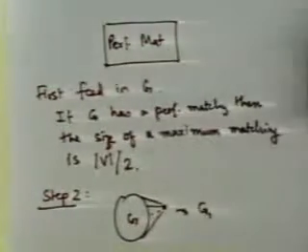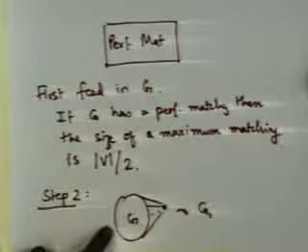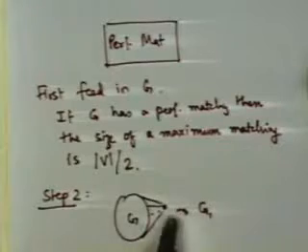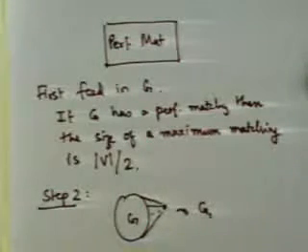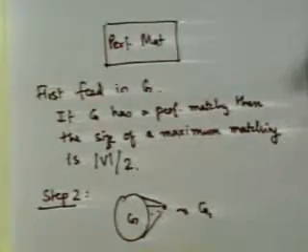Now you feed G1 into this algorithm for perfect matching. You've taken G, you've added a vertex which is adjacent to every other vertex in G, and now you feed this into the perfect matching algorithm. Again, two things can happen: either it says it has a perfect matching, or it says no. Let's see what happens in both cases.